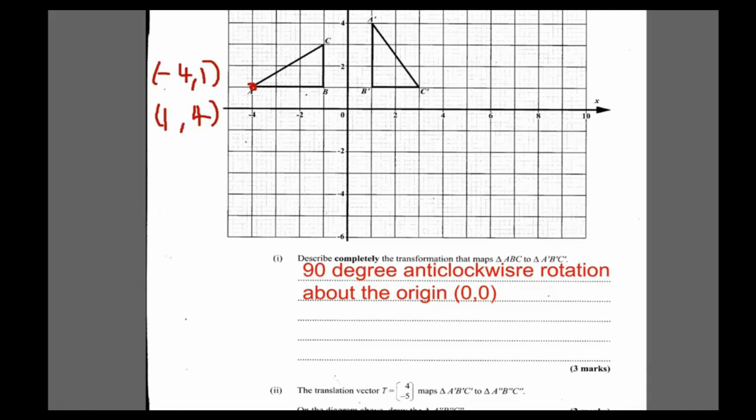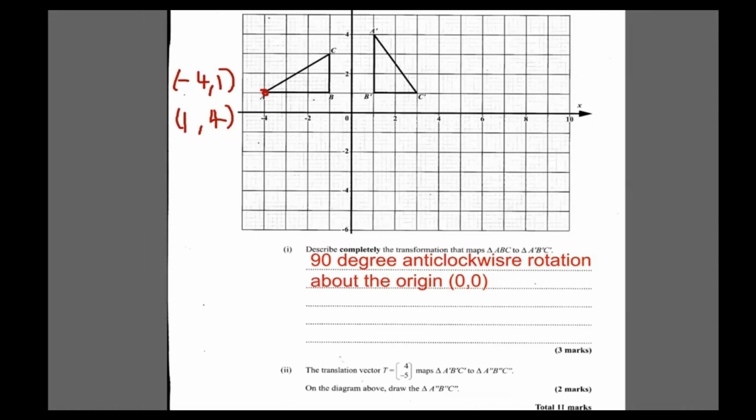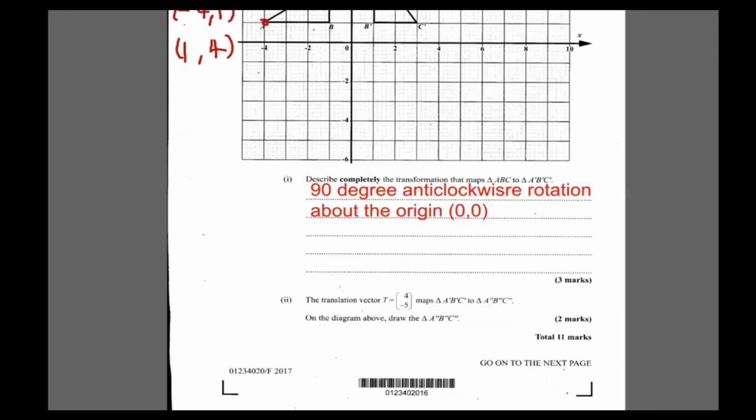Nice and easy. Then it says the translation vector t is equal to 4, -5 maps A prime, B prime, C prime to A double prime, B double prime, C double prime. Draw triangle A double prime, B double prime, C double prime.